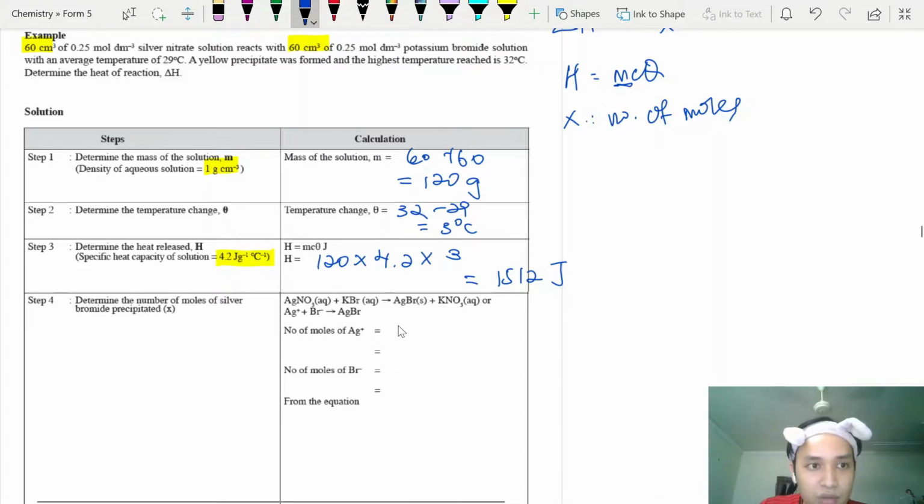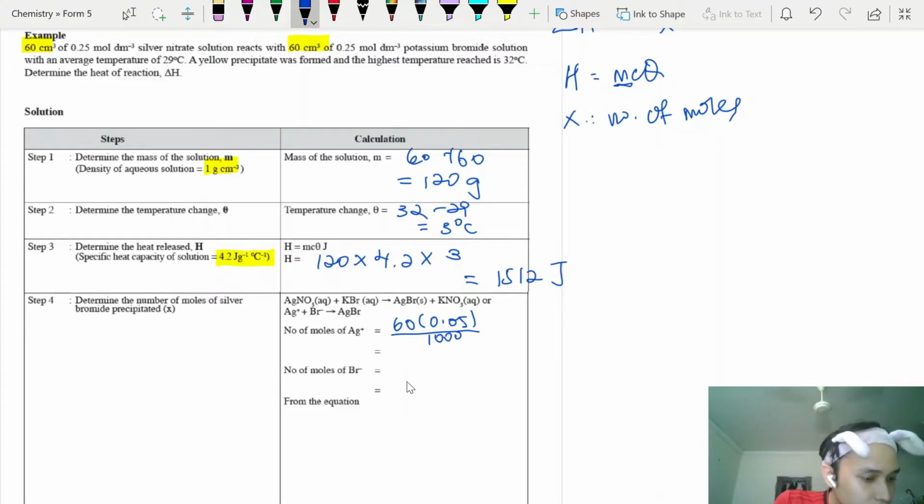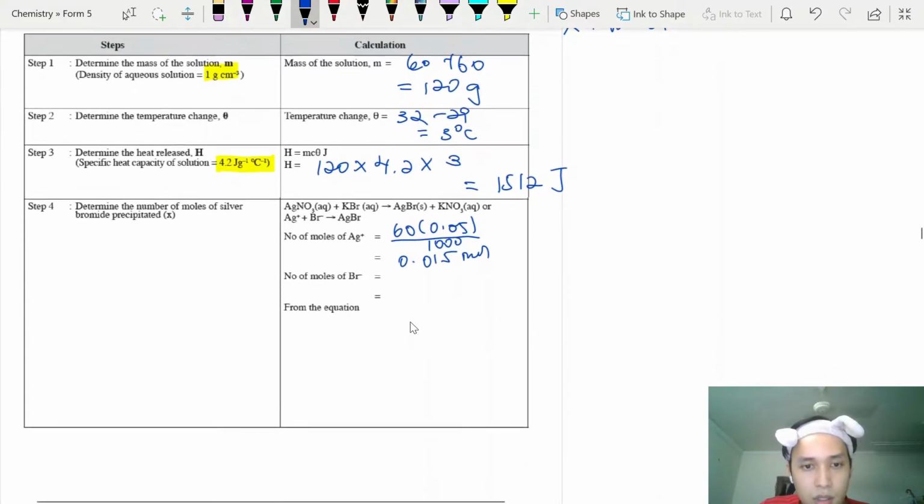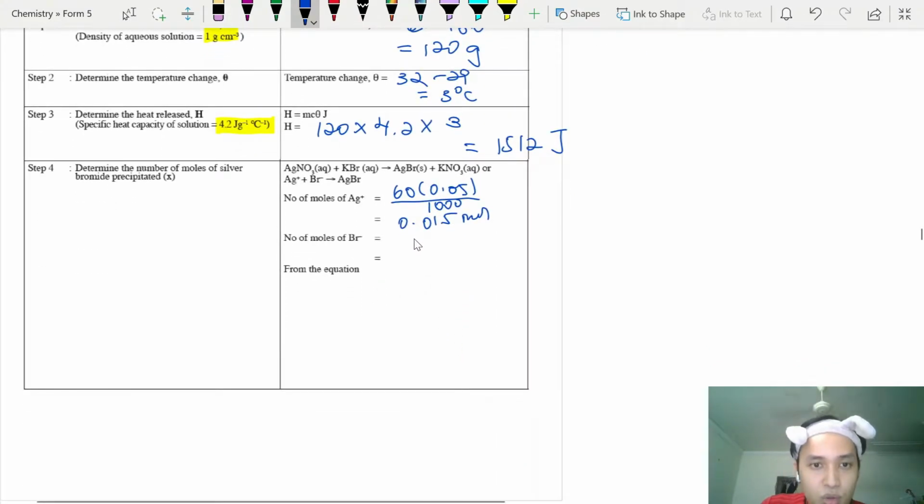So use MV over 1000. So 60 times 0.25 divided by 1000, so 0.015 mole. Same thing goes for your bromide.